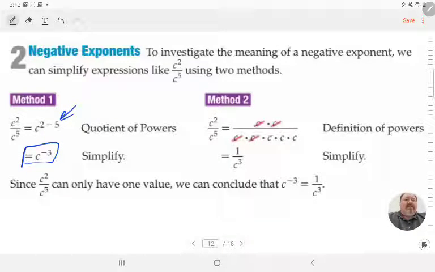And let's break it all down: c times c over c times c times c times c times c. Once we simplify these down, we get 1 over c to the 3rd. So c to the negative 3rd is equal to 1 over c to the positive 3rd exponent.